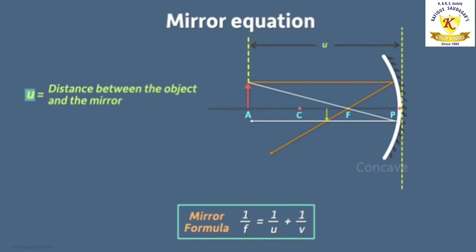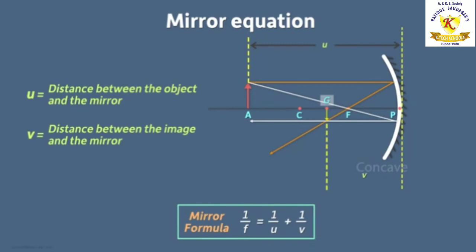So this distance is nothing but the distance between A and P. Now V is the distance between the image and the mirror. Let's name this point as G.